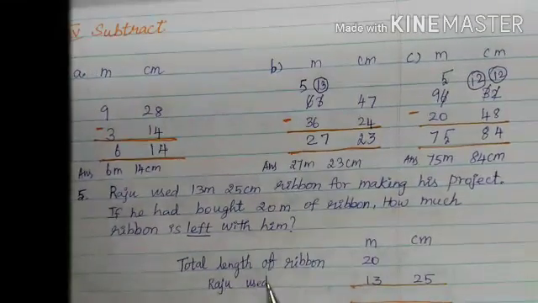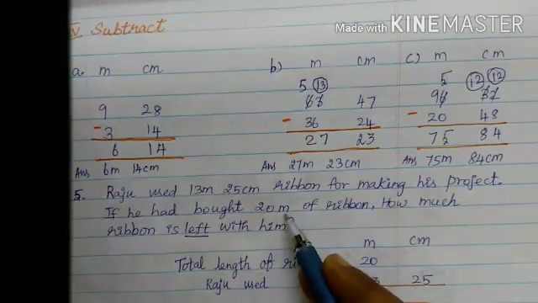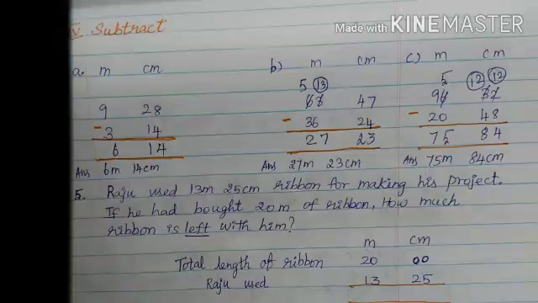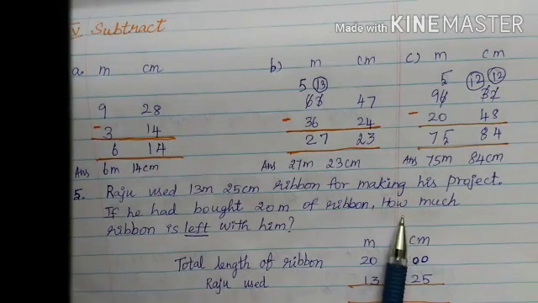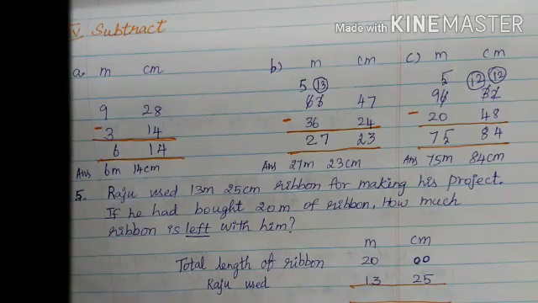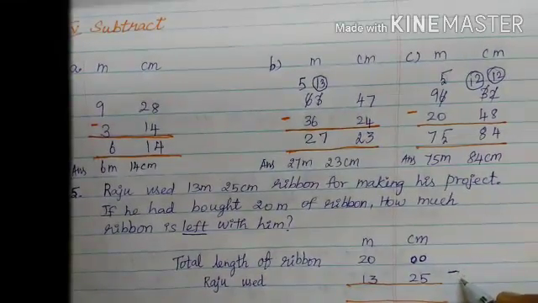But here for 20 meter only, the centimeter is not given, so I put 2 zeros. Then the question asks how much ribbon is left with him. So first you think whether this sum is asking for addition or subtraction. This one is subtraction. So put the minus symbol here.